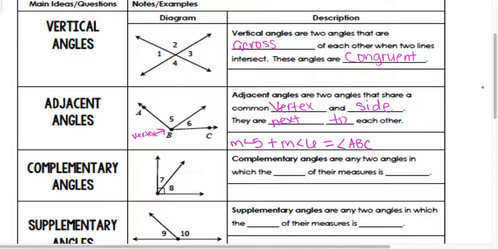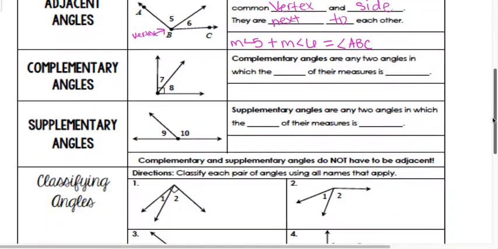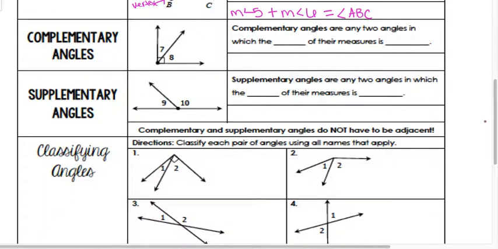All right, I'm going to move on down here to complementary angles. First, let me just say, whenever you're looking at the big overall angle here, what do you notice about it? The first thing I see is that it's got our little box right here, which tells me that the two angles that are within it equal 90.